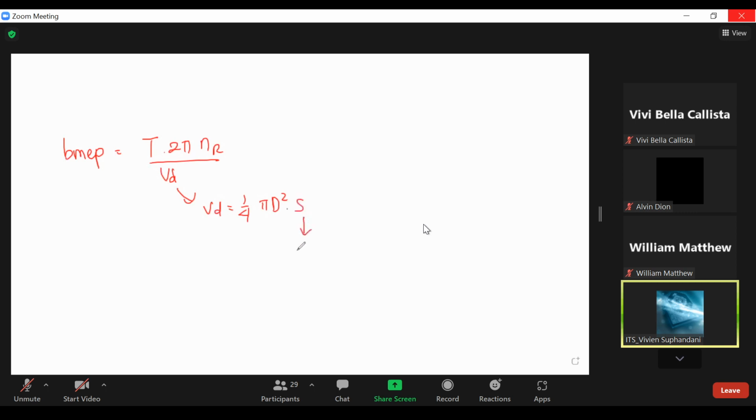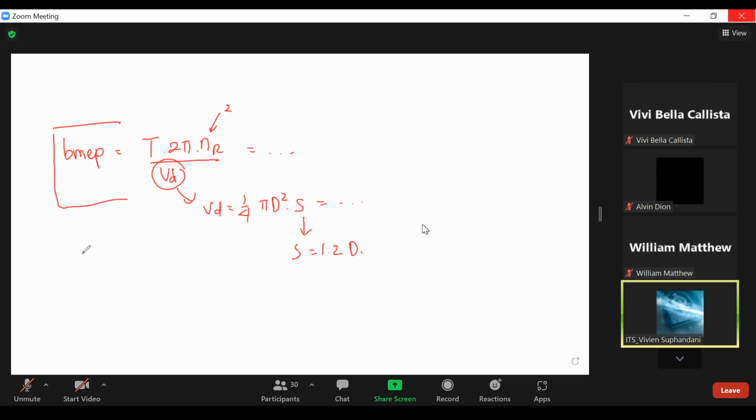We have the stroke here, which is 1.2 of the diameter, so that we can find the volume. And once we have the volume, and NR is 2 because we have 4 stroke, then we can calculate the BMEP. Now check again for this calculation. Okay, so that should be the BMEP.